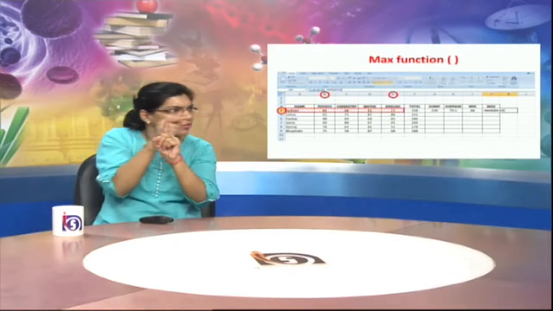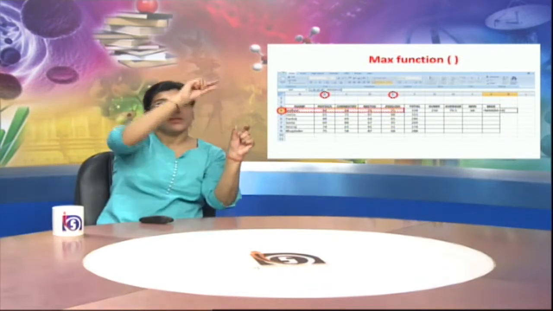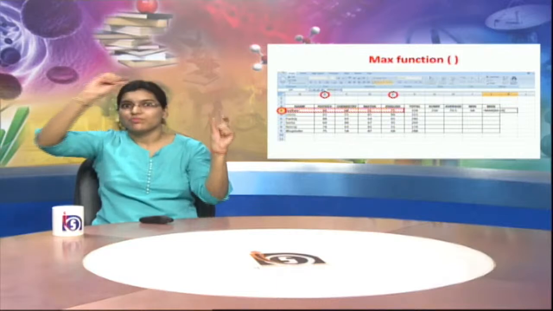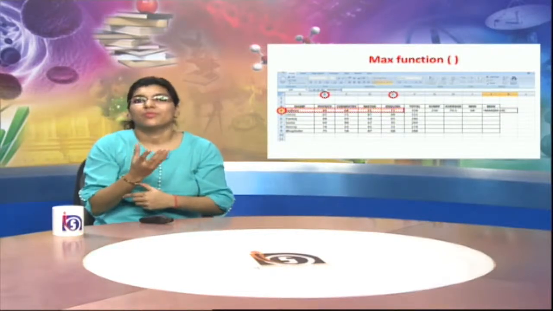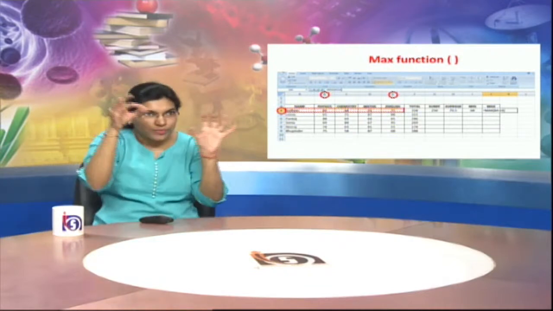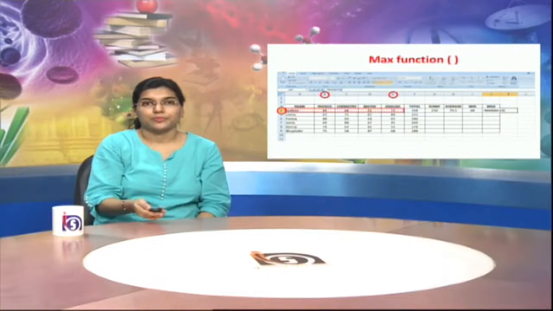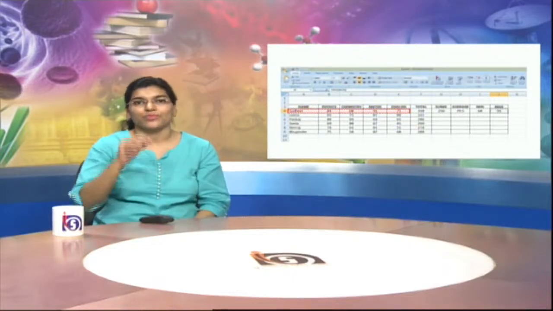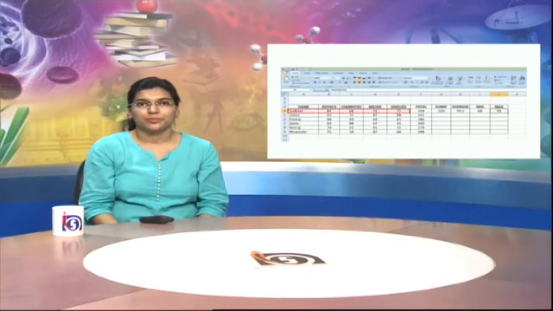It is in the format from B4 under the column B, and the row is number 4. So the range is B4 till E4. So E is the column and 4 is the row. And here again you get the maximum, that is 91.